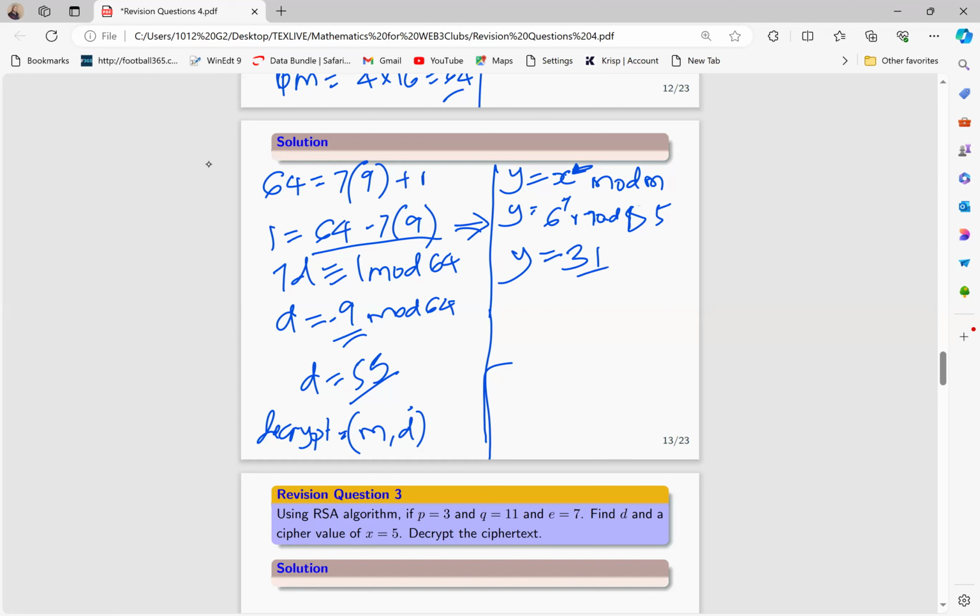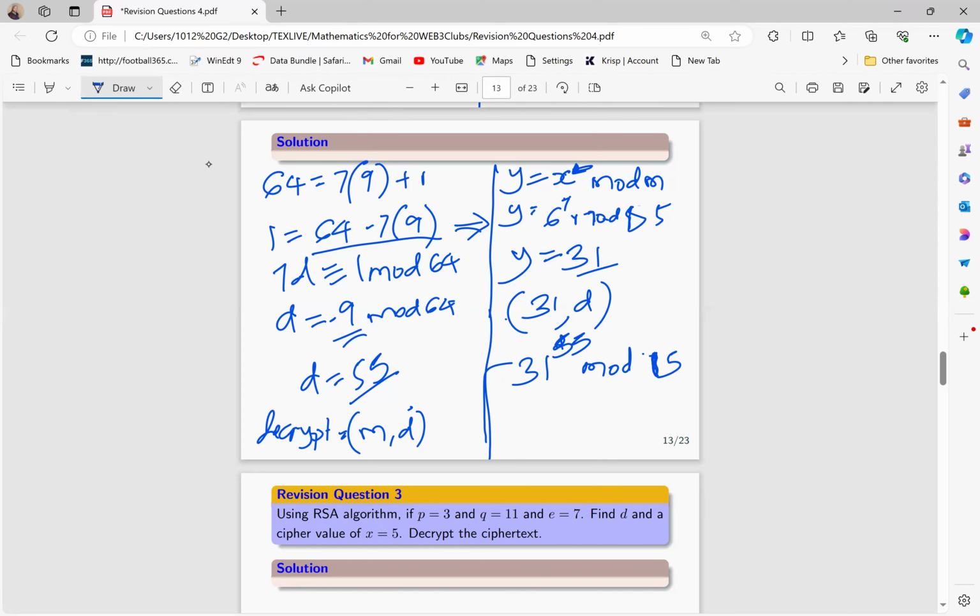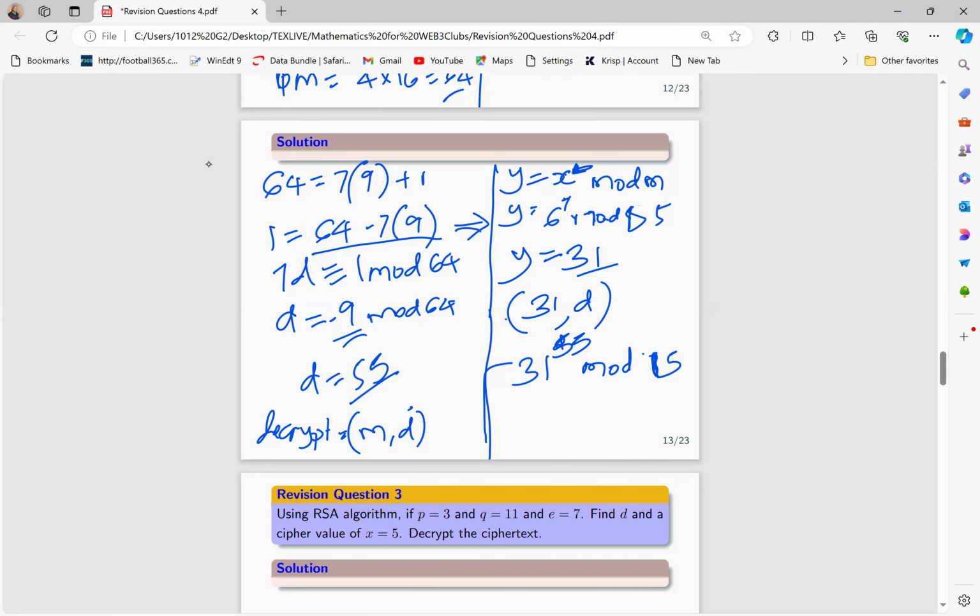We take the ciphertext raised to D. Our D was 55, and the M is 85. That's how we do it. I think we can complete that later. We shall get the same result.